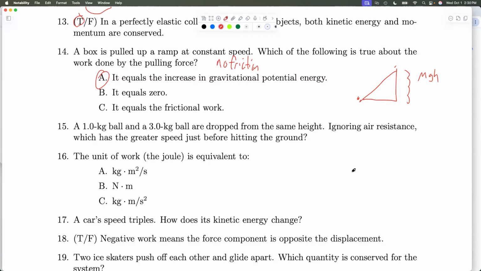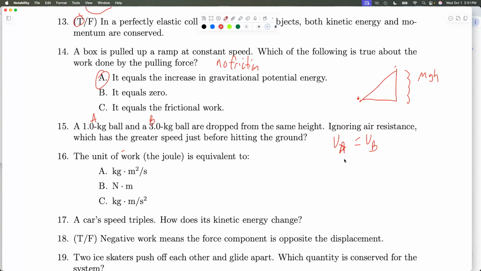And this is a good kind of question. I like this. Everybody falls at the same rate. Everybody will have the same velocity at the ground. So call these guys A and B. VA is going to equal VB when they hit the ground. That's just basic kinematics. The masses cancel out.